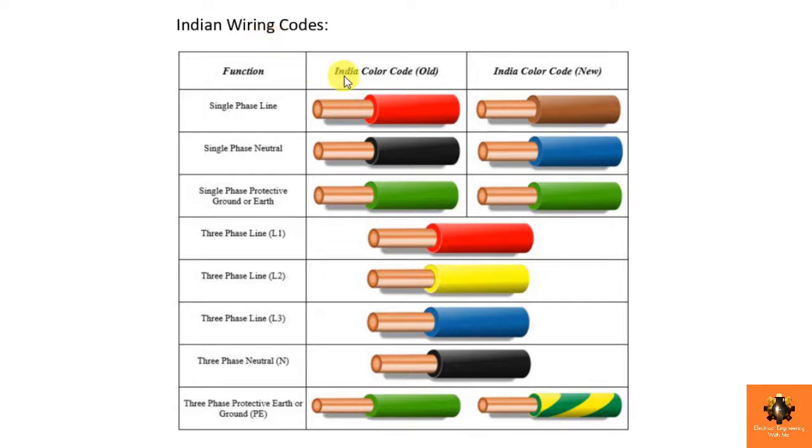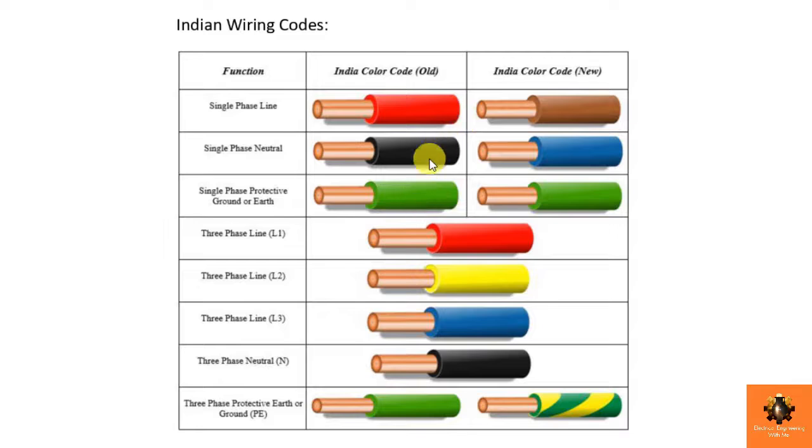So here we have shown 2 color codes, one as per the old color code and one as new. According to the old standard, the red color wire is used for phase wire, then black for neutral wire, and the green colored wire is used for protective, or you can say earthing wire.